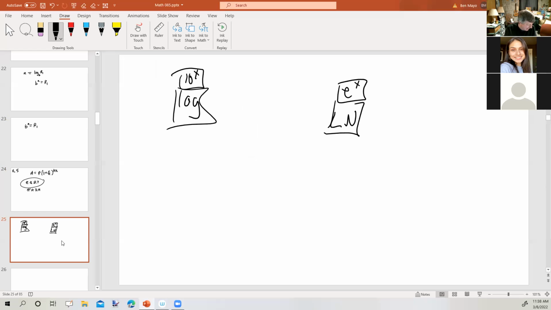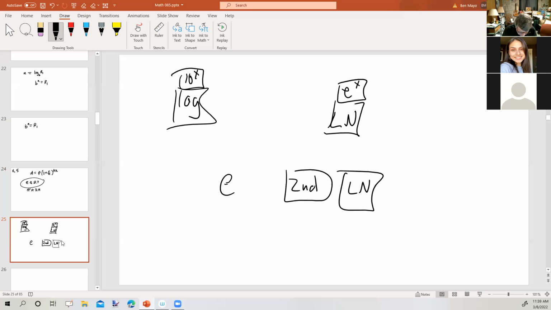So let's say I want to get just plain old E. How would I do that? On my calculator, turning it on, clearing it, I would go second, and then the ln button, which accesses e to the x. When I do that, this is what shows up, e to the what power? Well, if I just want e, I put a 1 in there and then close it up and push equals.